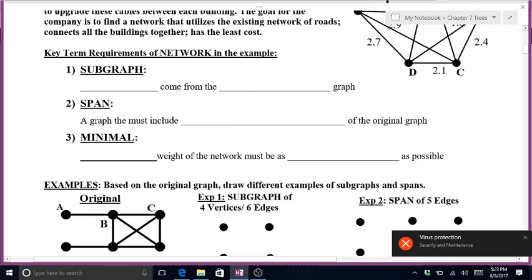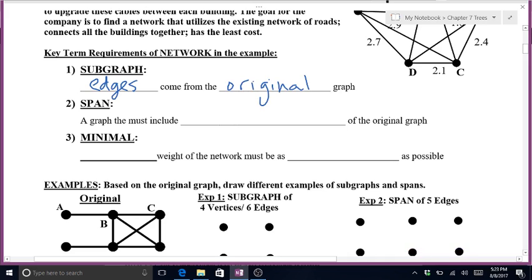All right, so some key terms here. The first one is a subgraph. Anytime that we create a subgraph, your edges have to come from the original graph. So if there's no line that connects point D and C, you cannot draw an edge there.